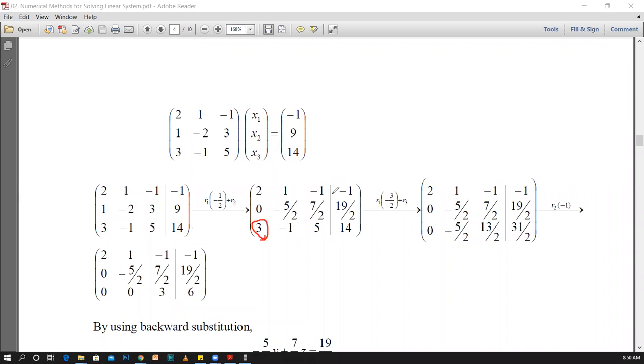Now what we can see here is that the value is 3. If you multiply the second row with any given value, you cannot convert this into a value 0. Therefore, the only possibility is using row number 1. If you use row number 1, you need to make this place minus 3.